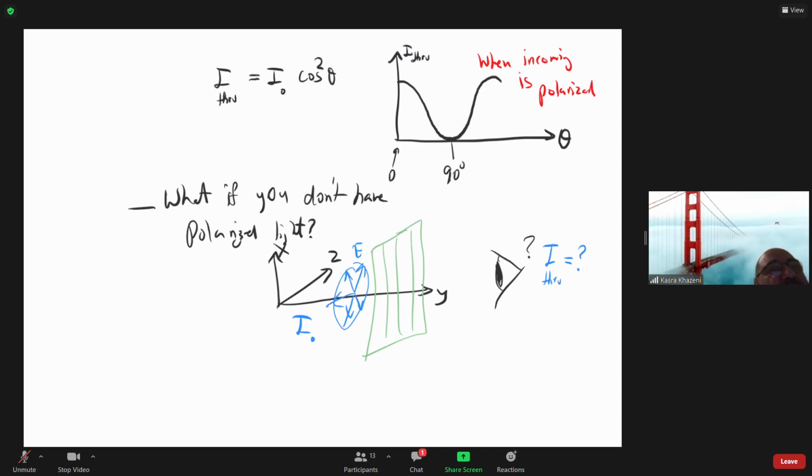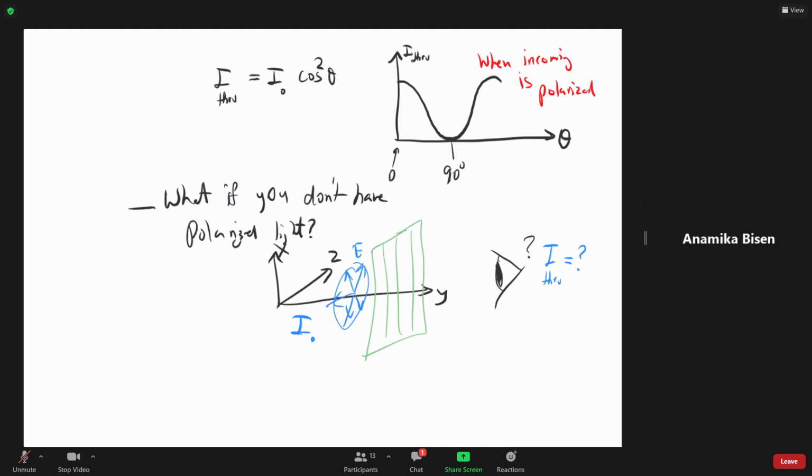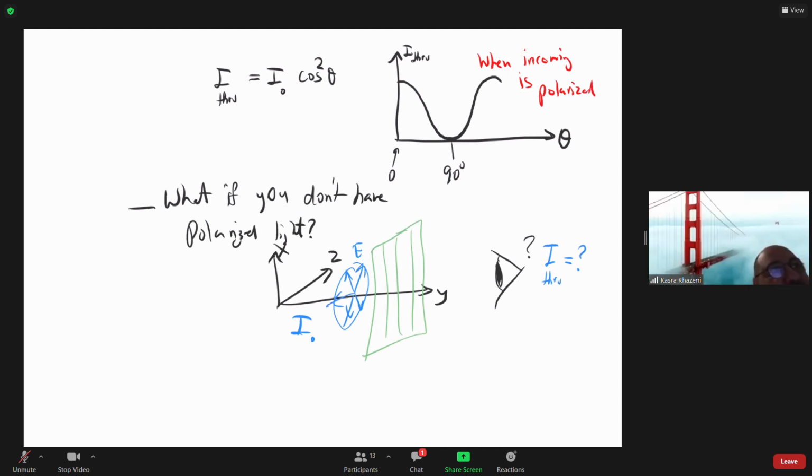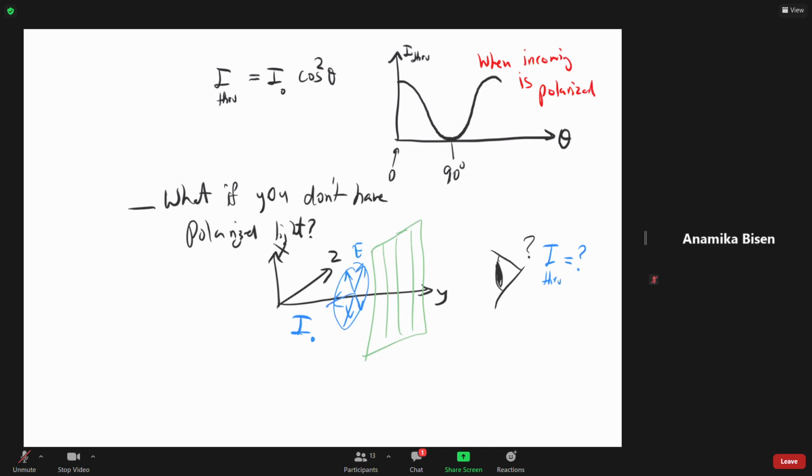So what would be the intensity that goes through if it's not polarized anymore? Infinity? Really? That's wrong. I'm sorry. When you say infinity, that means it's so bright it's going to blind you. Does that make sense?